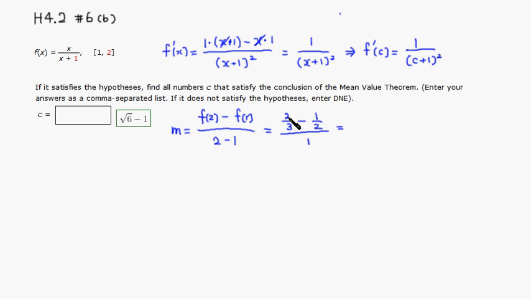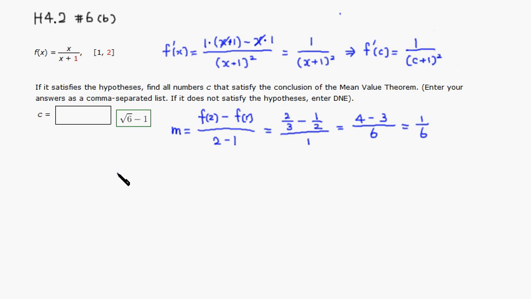Using a common denominator of 6, 2/3 is 4/6, and 1/2 is 3/6. Subtracting, we get 1/6. The mean value theorem says that the derivative at some point c is exactly the same as the slope of the secant line, in this case 1/6.